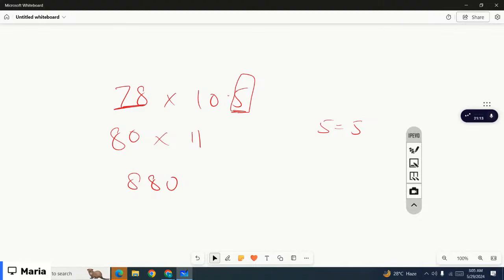So the correct option is 880. Got it? The correct option is 880.